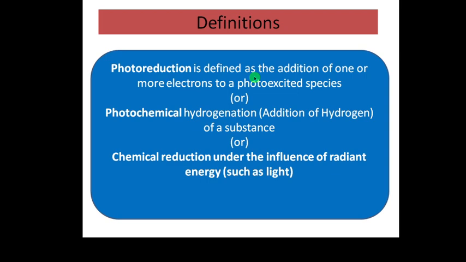Simply, photoreduction is defined as addition of one or more electrons to a photoexcited species, or otherwise, photochemical hydrogenation of a substance, that is addition of hydrogen.